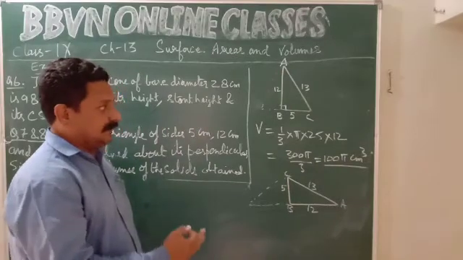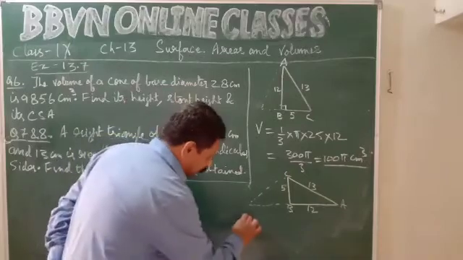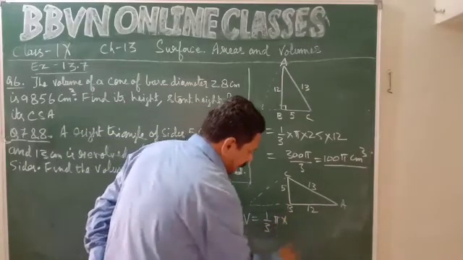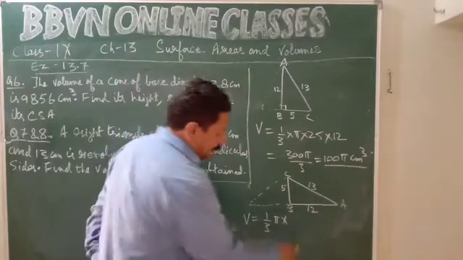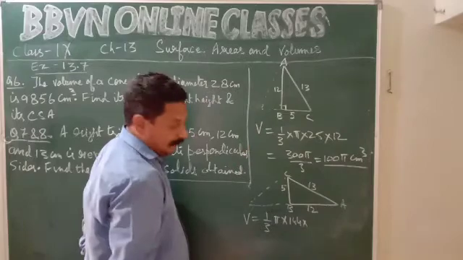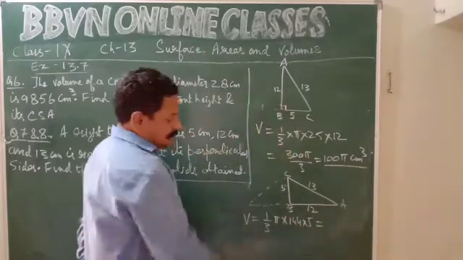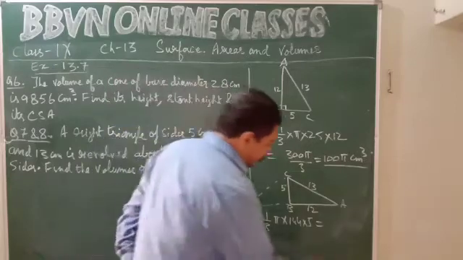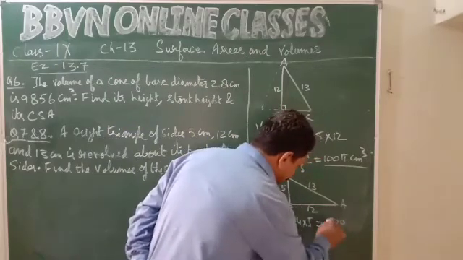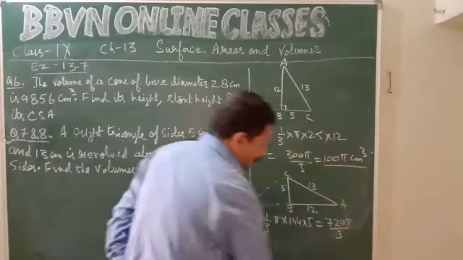Let's see the volume. What will be the volume in this case? So volume V is equal to 1/3 pi R square. R square is 144 into H. H is 5. Okay. So 144 into 5, 720 pi upon 3.